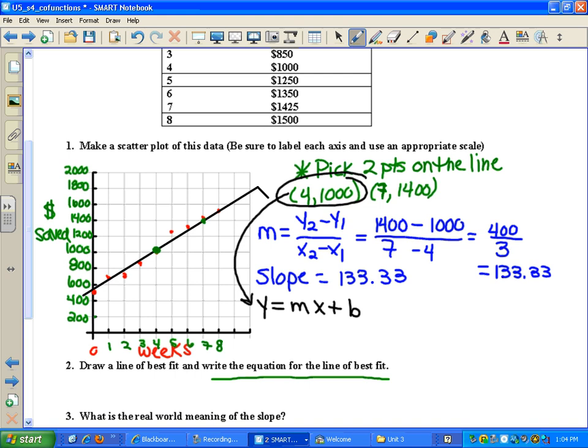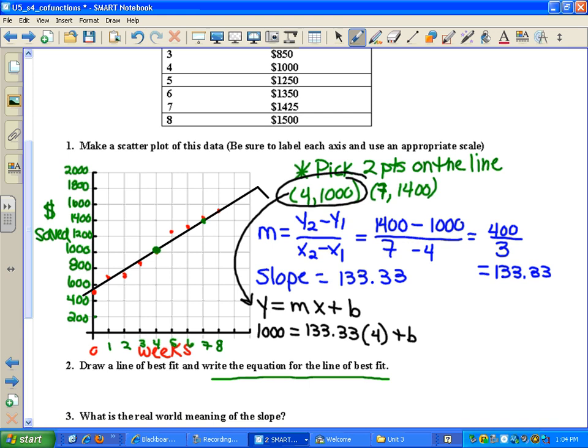The y value for the point I picked was 1000 equals, well, my slope is 133.33. My x value in the point I picked was 4, plus b. So now I need to go ahead and find b. I'm going to take 133.33 and multiply that by 4.